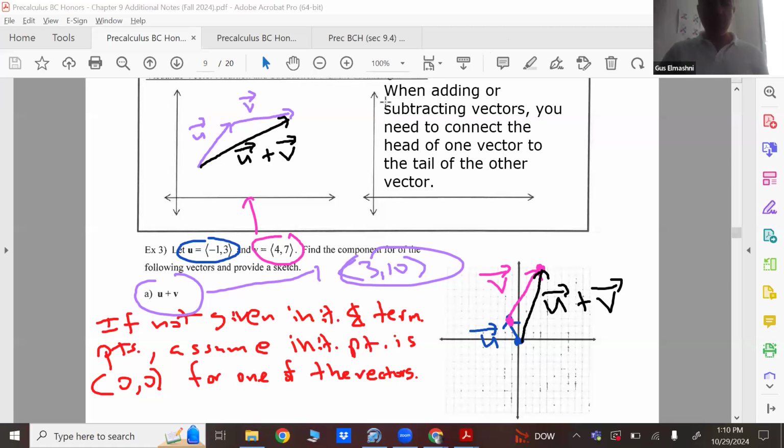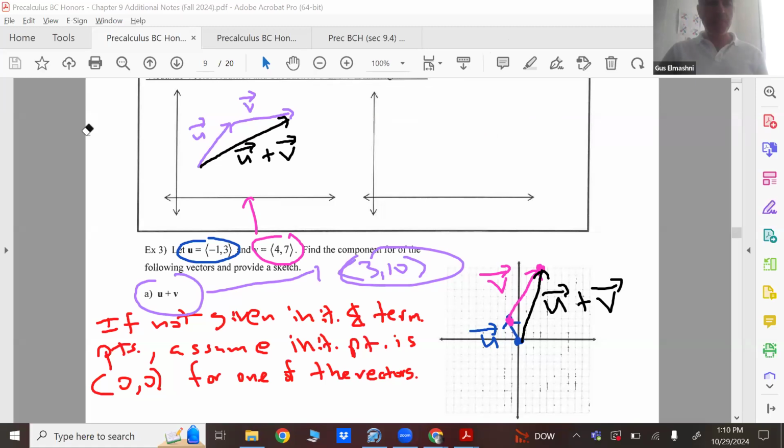All right, then for subtraction. It's a little funny for subtraction. Hey guys, quiet please, thank you.